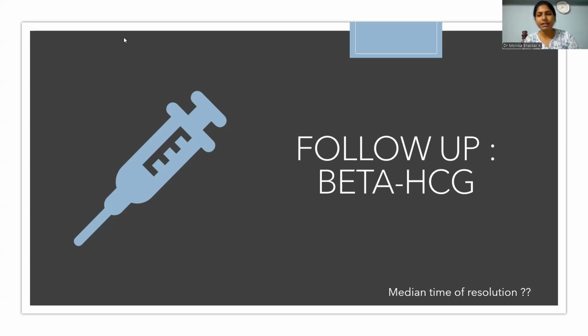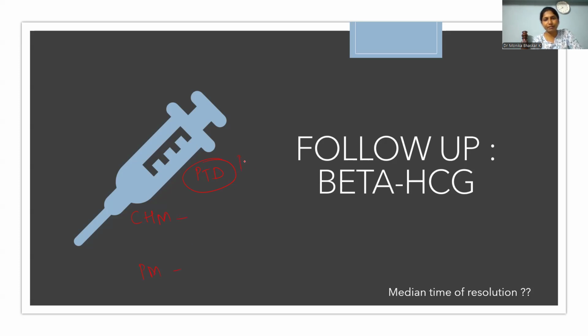Yeah. So follow-up of beta HCG post-evacuation. So this is important for ruling out persistent trophoblastic disease. So we have to do the follow-up both in complete hydatidiform mole and partial mole. So how do we do it?